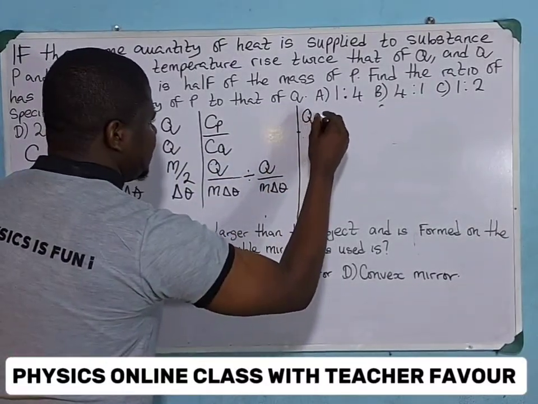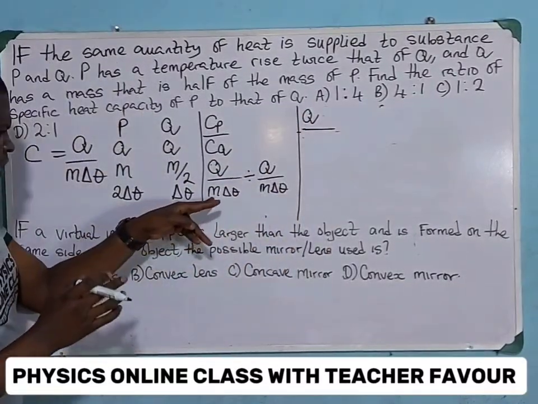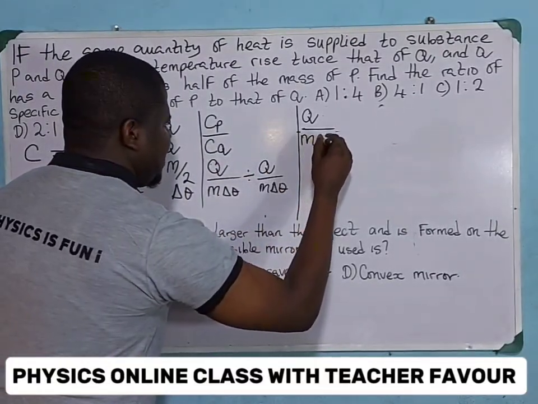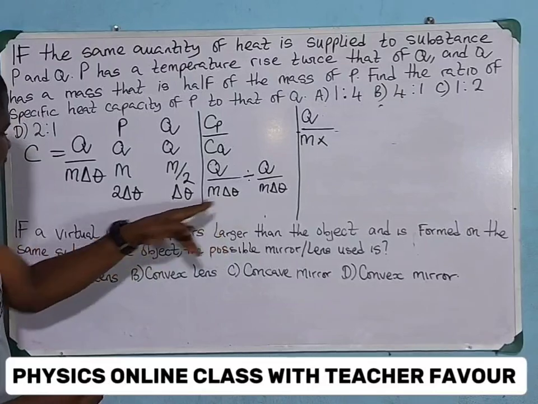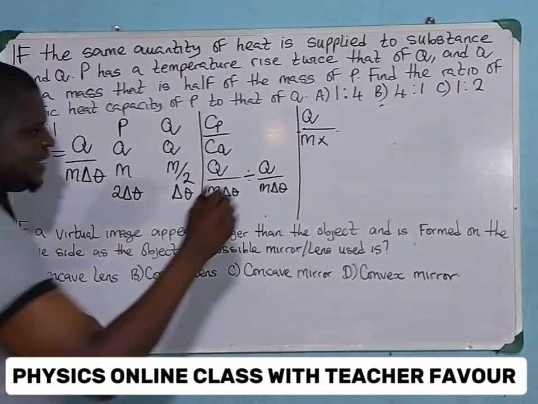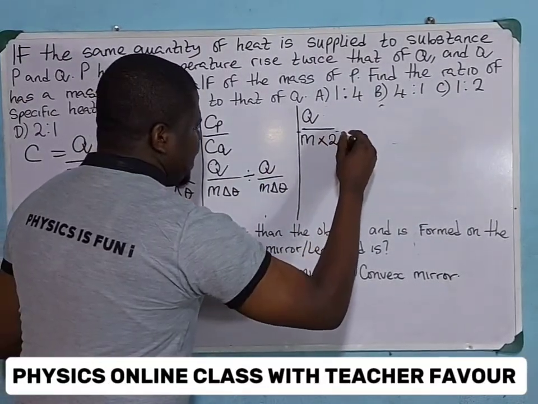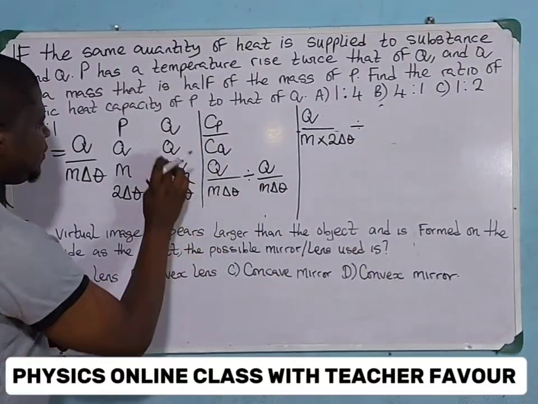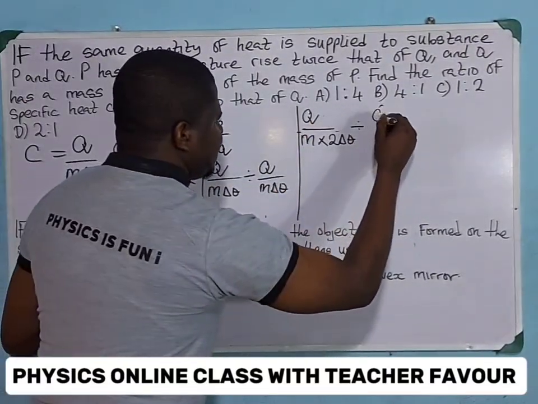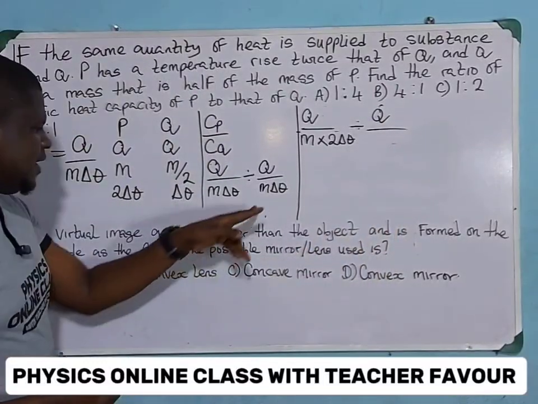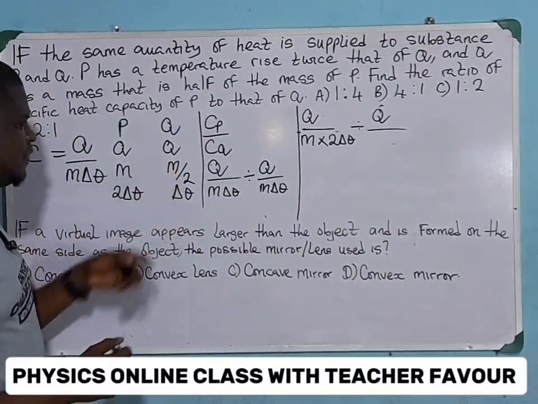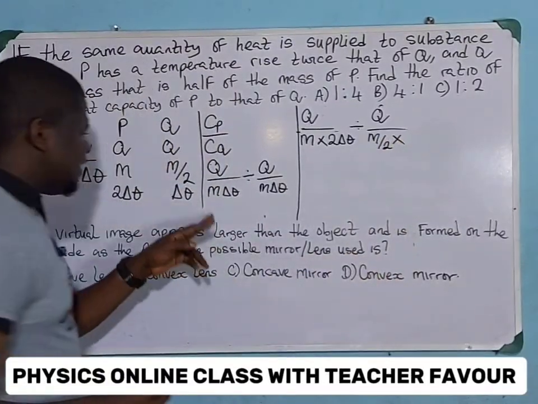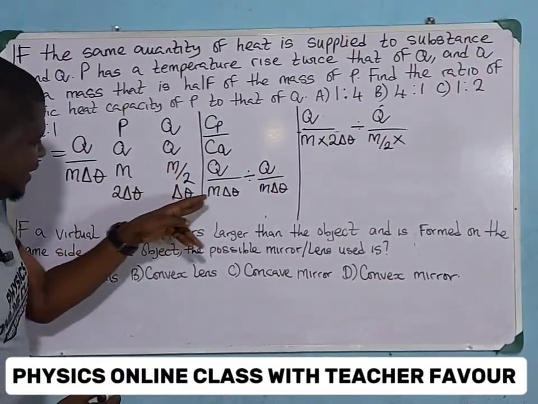We write Q over the mass of P, which is M, times the temperature rise of P, which is 2 times the temperature rise, divided by, we go over to Q. The quantity of heat for Q is still Q. Then the mass of Q is M over 2, times the temperature rise, which is change in theta.